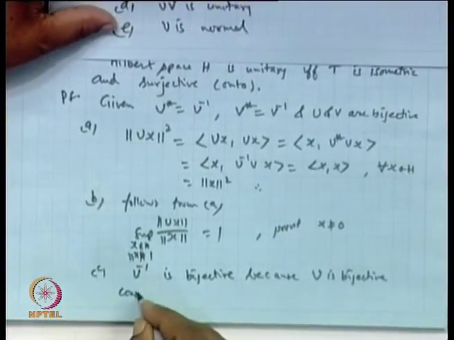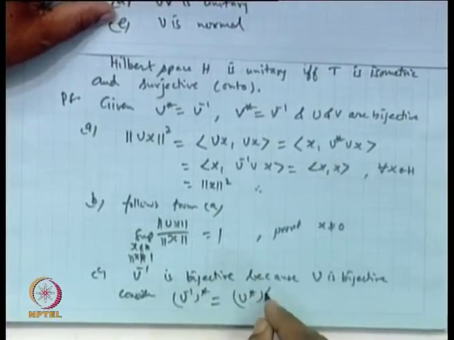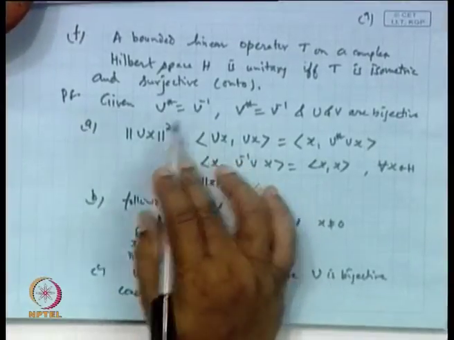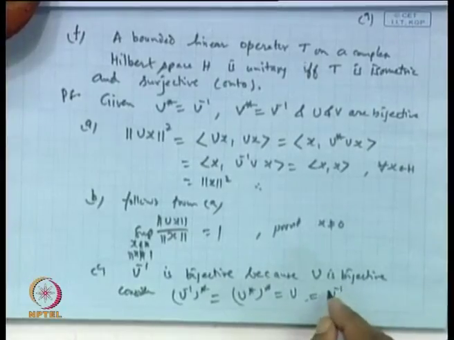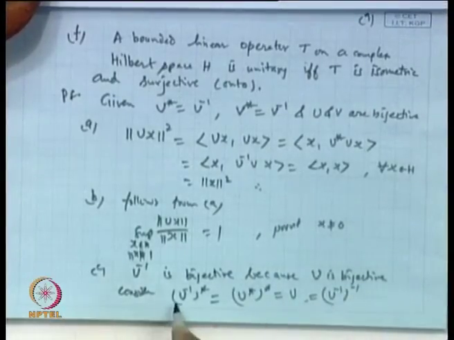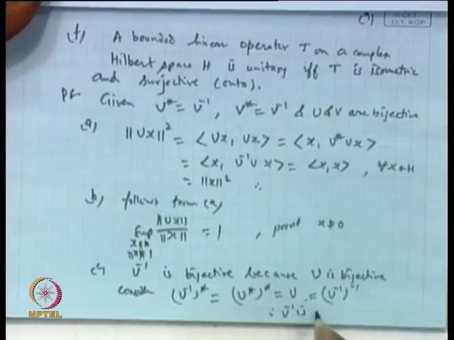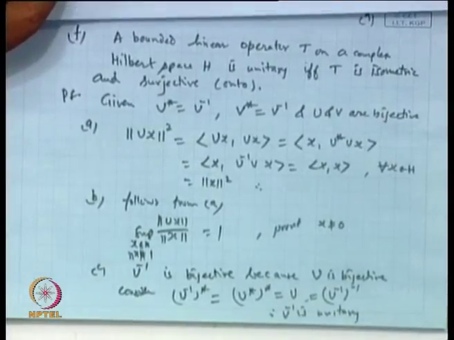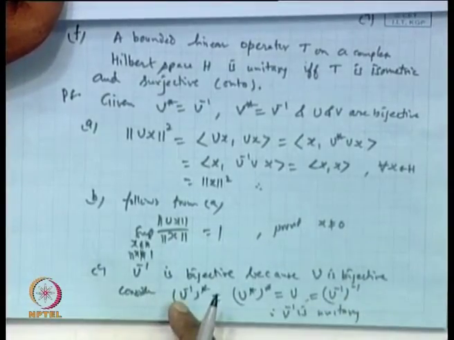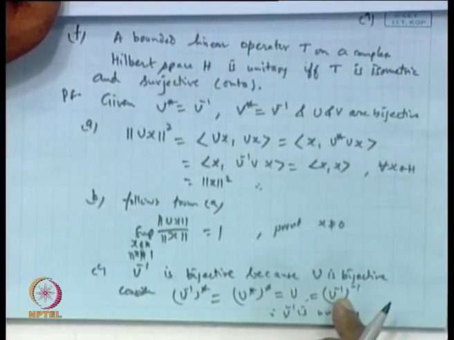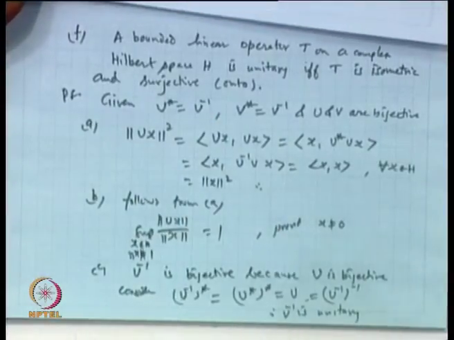So consider U inverse star, but U inverse is equal to U star, because U is given to be unitary. So U star star is U, which can be written as U inverse inverse. Therefore U inverse star is equal to U inverse inverse, so U inverse is unitary. Is it okay? Clear? U inverse is bijective, as well as U inverse star becomes U inverse inverse, because U star is equal to U inverse. So that's all. So this follows.